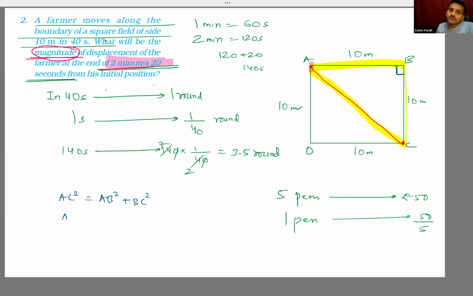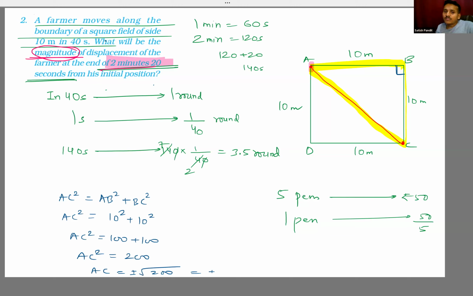So AC square will be 10 square plus 10 square, which is 100 plus 100, that is 200. So AC will be plus or minus root of 200.